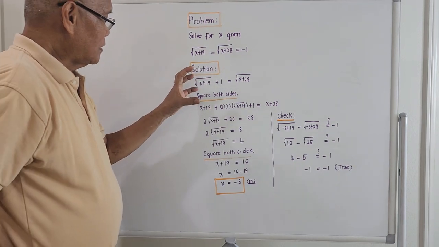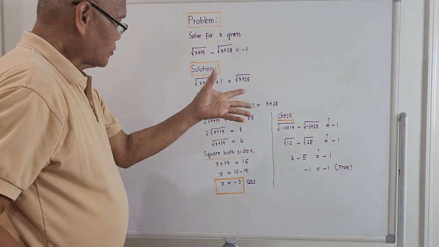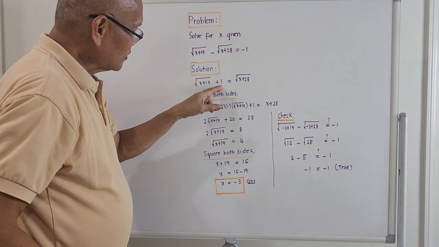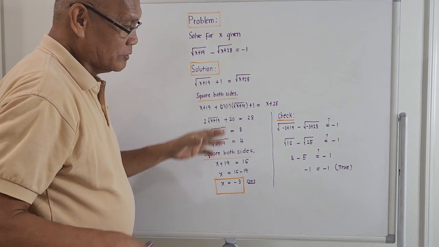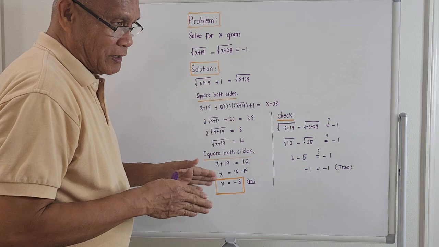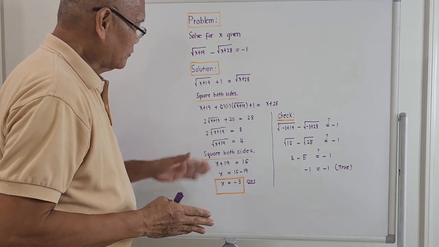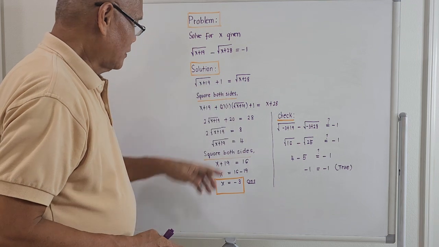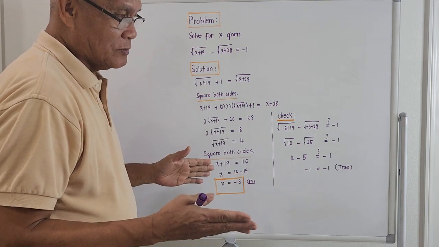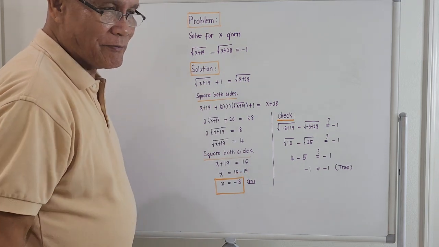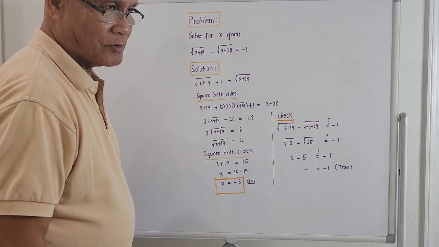Both the left and right hand side involve radicals, but there is a plus 1 over here, so it will not be a straightforward solution if you try to square it. To eliminate the radical sign, we try to square both sides.